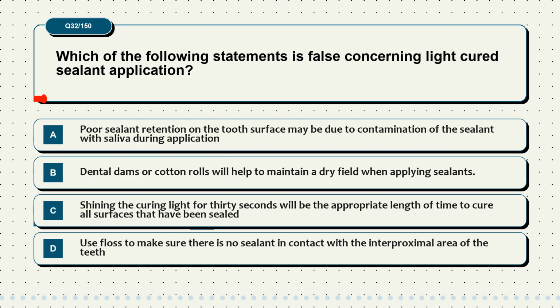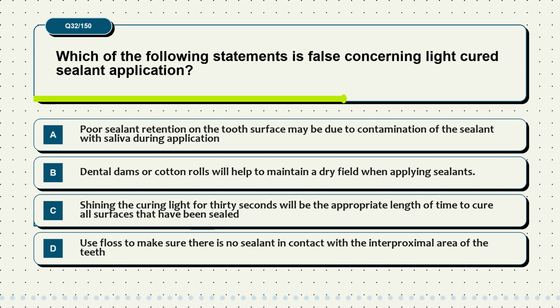Question 32. Which of the following statements is false concerning light-cured sealant application? Here are the options. Option A. Poor sealant retention on the tooth surface may be due to contamination of the sealant with saliva during application. Option B. Dental dams or cotton rolls will help to maintain a dry field when applying sealants.